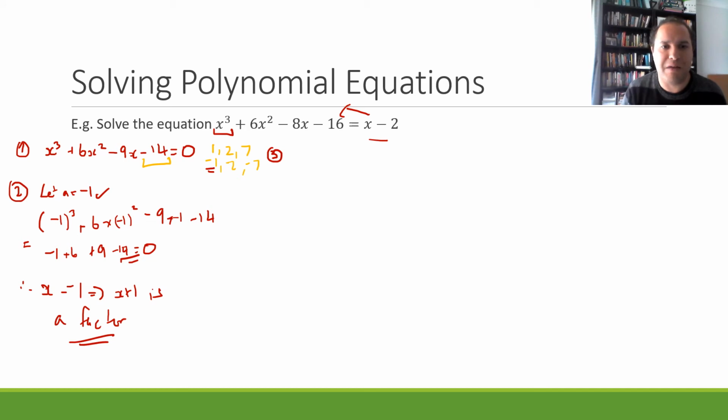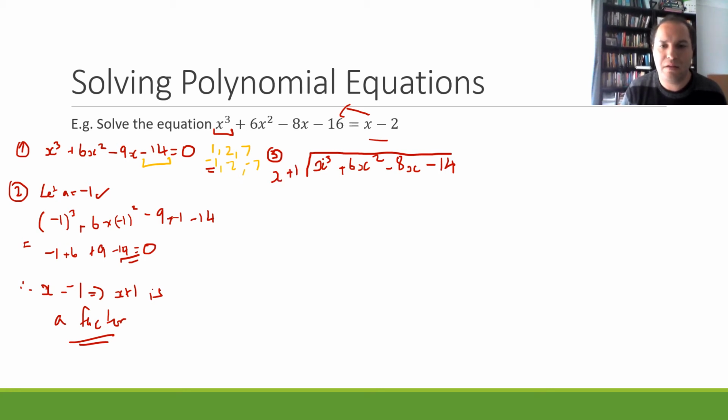Just writing that out, we've got x cubed plus 6x squared minus 9x minus 14, and we're going to divide that by x plus 1.